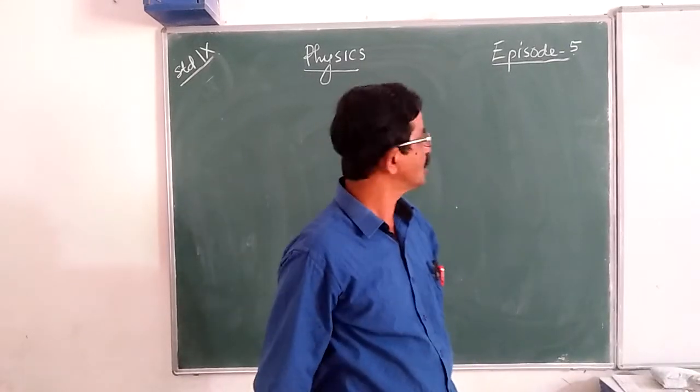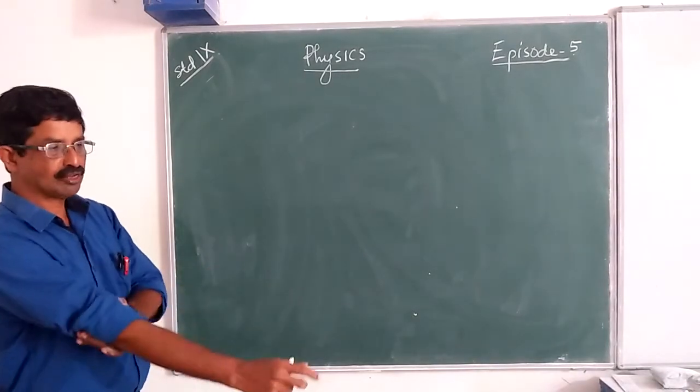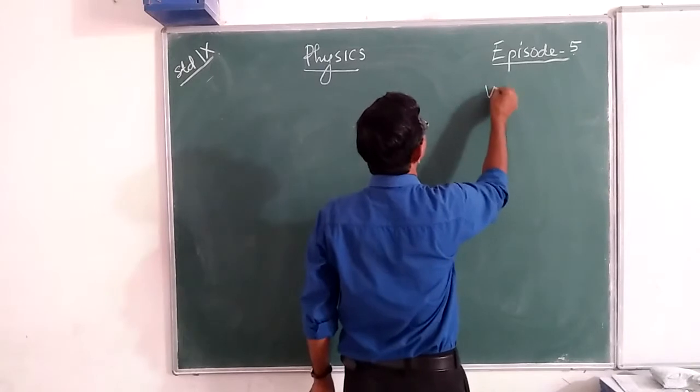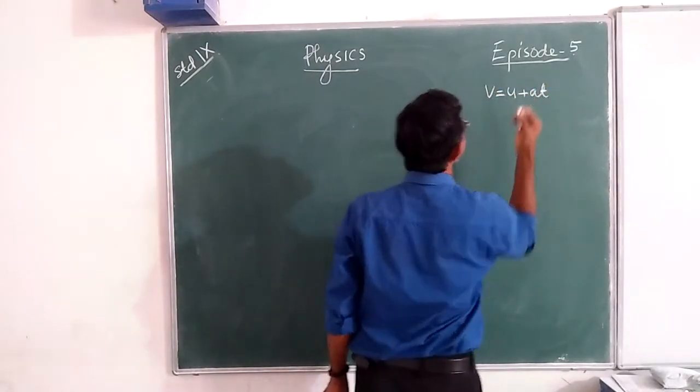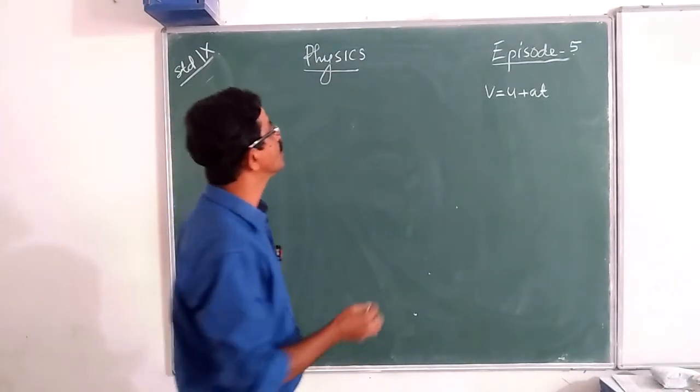In the previous class, we discussed three equations of motion. One: v is equal to u plus a t, that is the velocity-time relation.